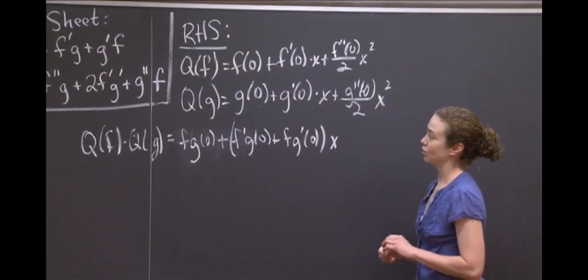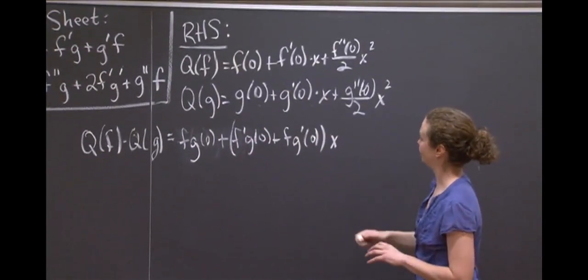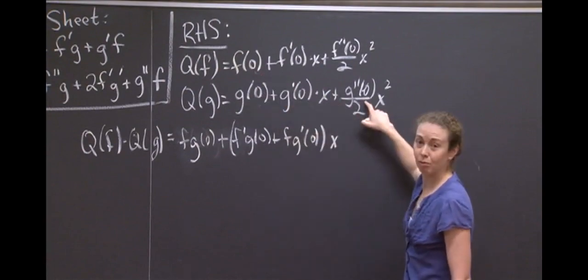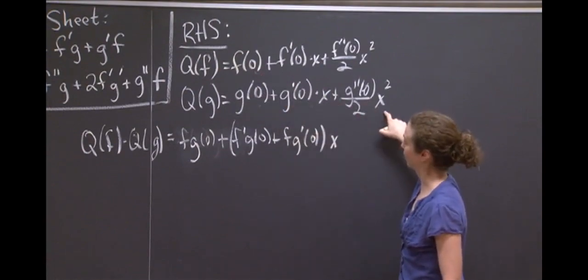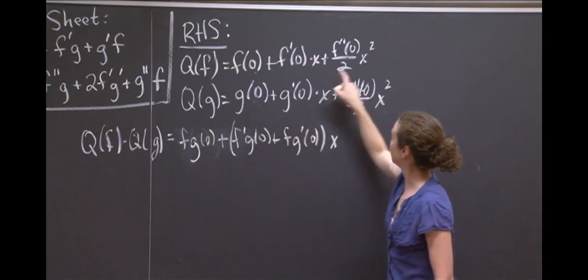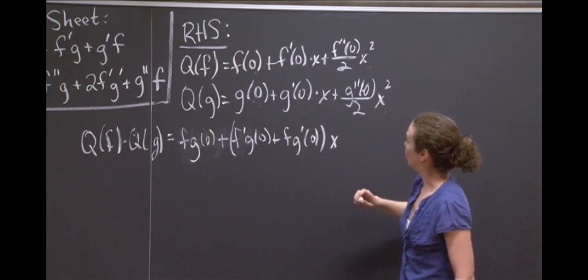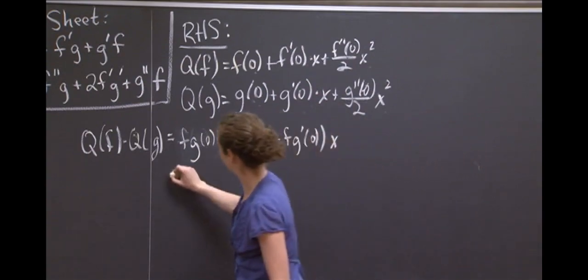Now I need to figure out what terms give me an x squared. Okay? So the terms that give me an x squared are f of 0 times g double prime over 2. That gives me an x squared. F double prime times g gives me an x squared. And f prime g prime gives me an x squared. So let's write out those terms.